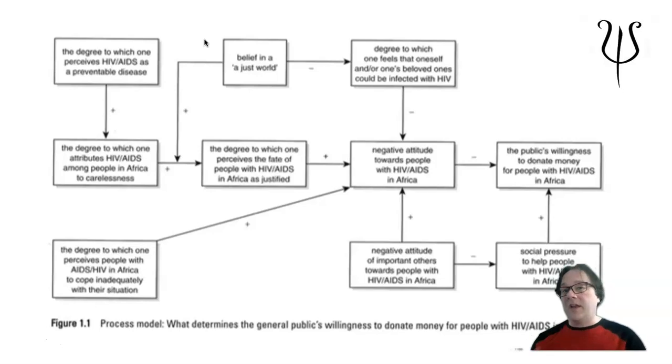And then we can talk about how HIV can be transmitted to the child, right? How a child could be born with HIV.